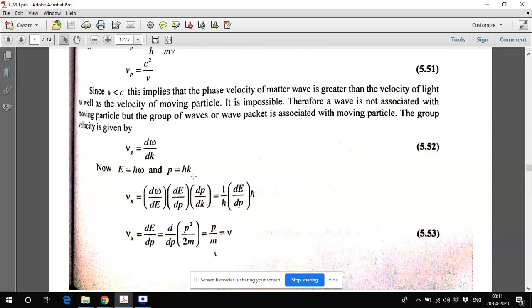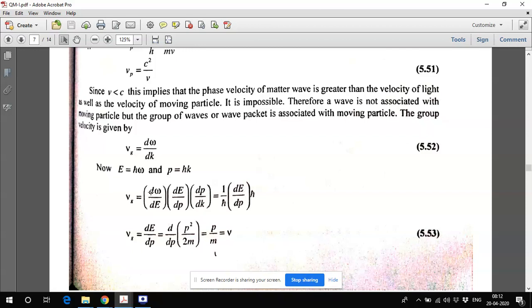Now we have the formulas E equal to h cross omega, p equal to h cross k. I am just changing the differentiation: d omega by dE multiplied by dE by dp, then multiplied by dp by dk. It's very simple. Omega is now in the form of E, k is now in the form of p, and ultimately dp by dk here.